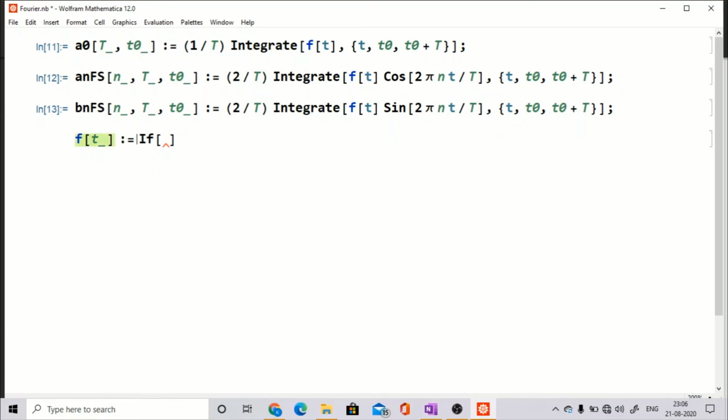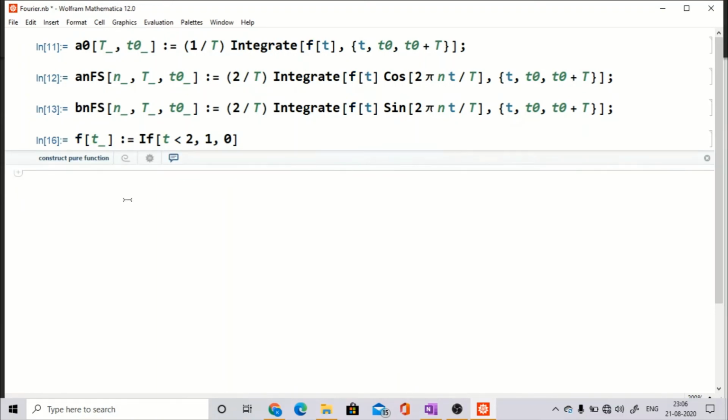This is how we define the function: f of t is equal to If, t is less than 2 it will be 1, else it will be 0. So I have defined my function like this, and the function is defined.